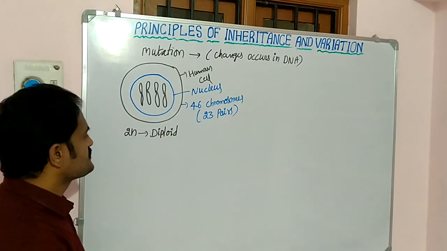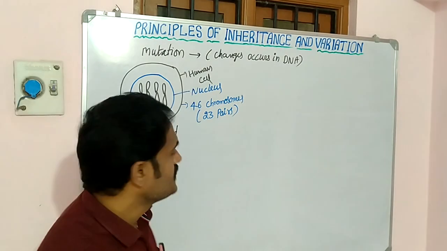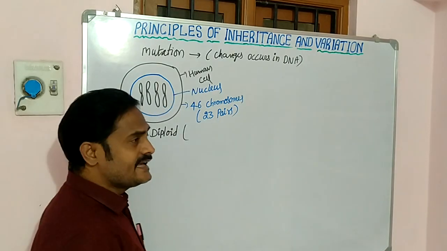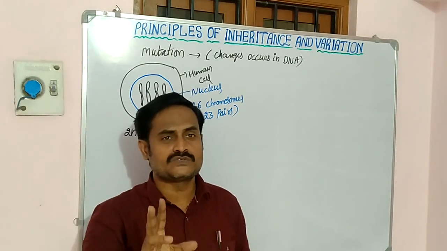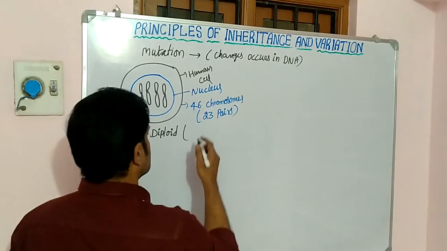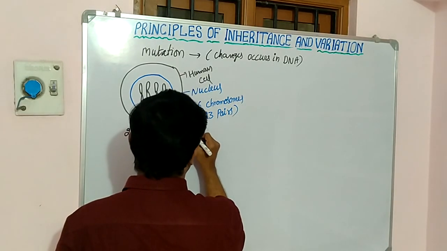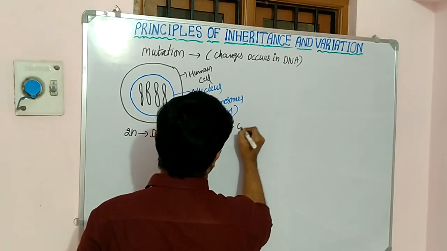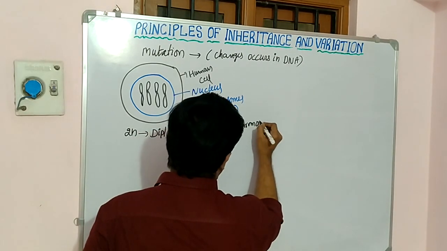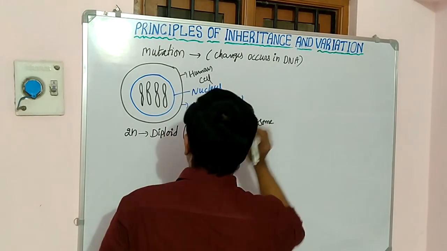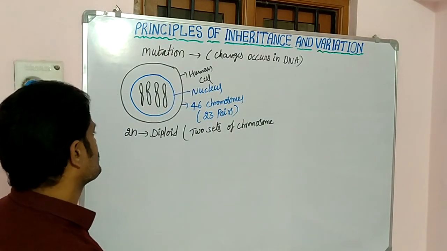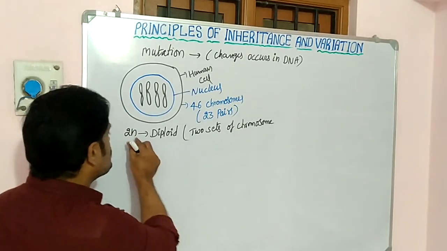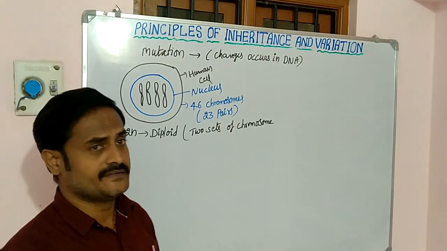Which type of cell is it? A diploid cell. Diploid means two sets of chromosomes are present. You have to remember one thing: chromosomes are always in pairs. Here 2n means diploid.